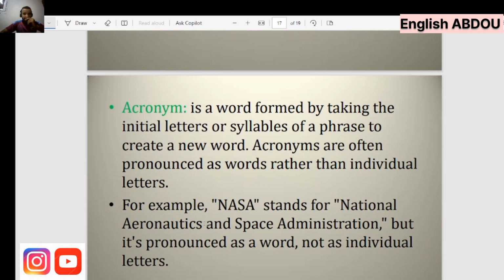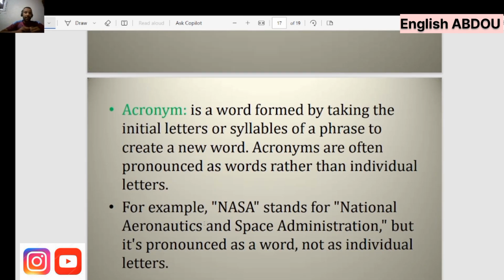So another and the last process is acronym. An acronym, of course, is a word formed by taking the initial letters or syllables of a phrase to create a new word. An acronym is often pronounced as a word rather than individual letters.